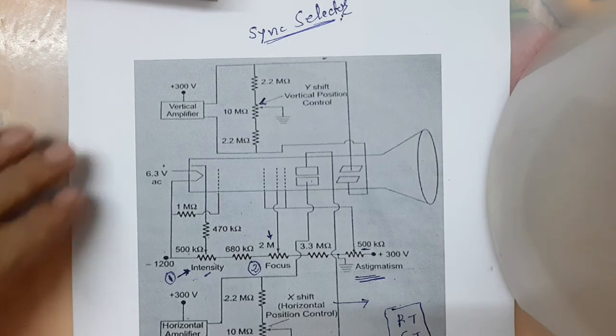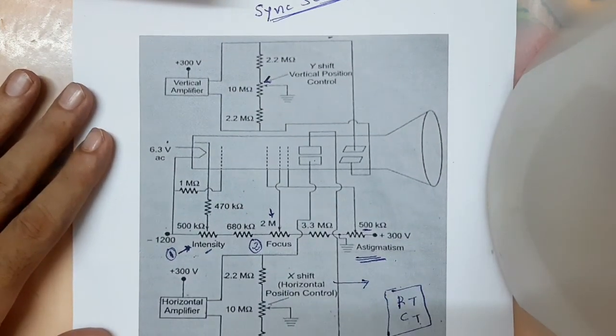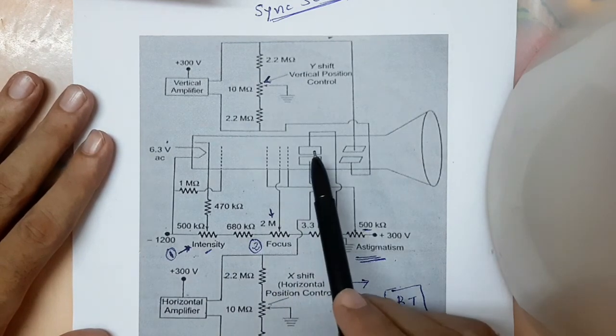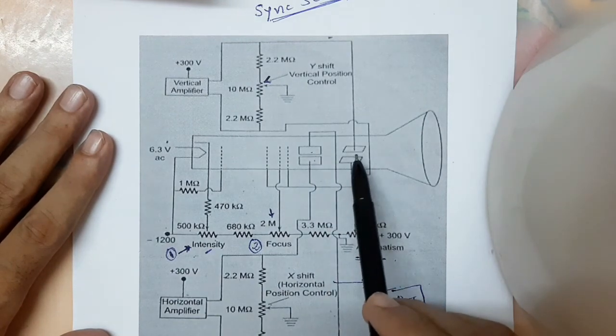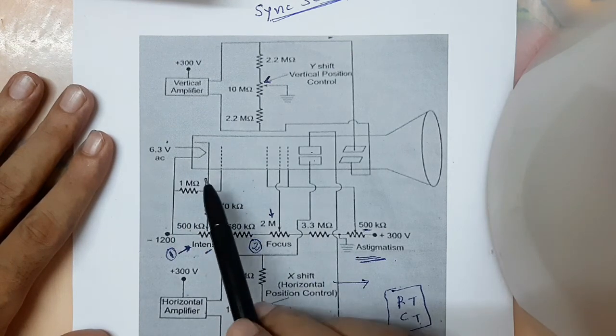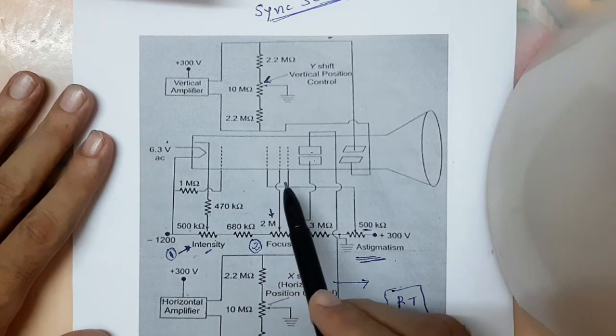This typical CRT connection gives us an idea about how we can change the voltage in between the vertical plates and the horizontal plates, and what amount of voltage is given to the intensity and to the focusing anode.